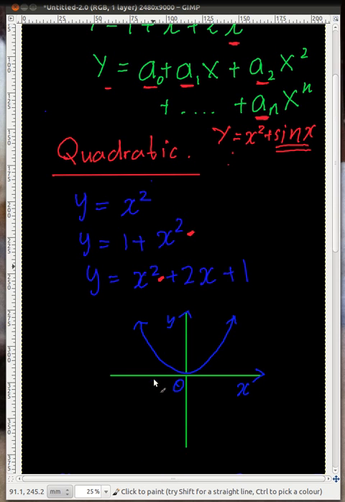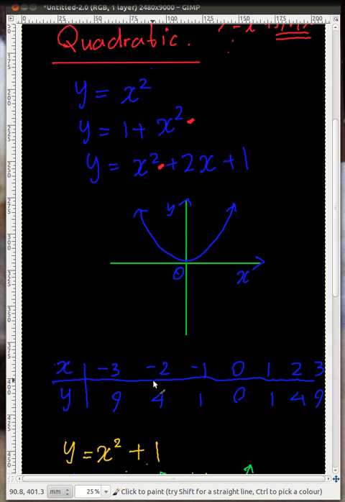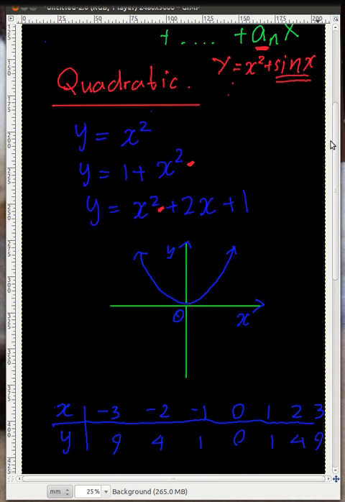So that's a quadratic. Okay, since this is a graphing tutorial, let's get on to drawing y equals x squared. I want you to concentrate on this table right down at the bottom. Don't worry about the graph for now. I used a few x values, -3, -2, -1, all the way up to 3.